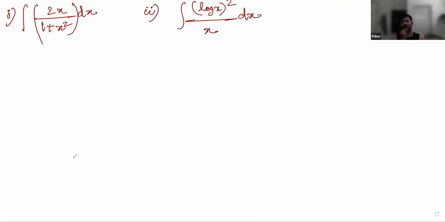We can choose x square as t, and then we have 2x into dx as dt. So that is correct. But tell me, if I choose 1 plus x square as t, then what's the problem? It would be better to take 1 plus x square as t, because that will further simplify the expression, right?